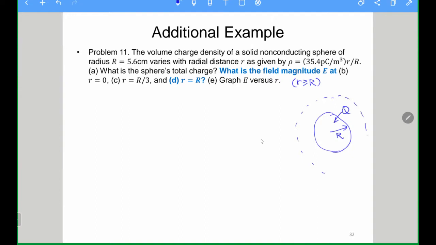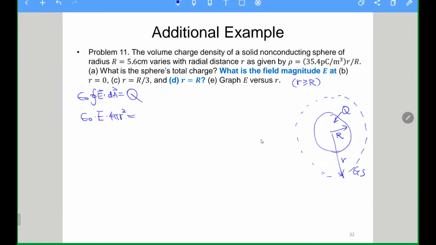Here we would like to have a Gaussian surface with radius small r. When we apply Gauss law, epsilon naught times the integration of E dot dA equals the Q enclosed, which will be the total Q. So here we have epsilon naught times E times 4 pi r squared, which is nothing special, E times the surface area.